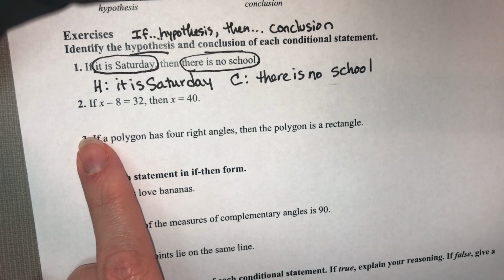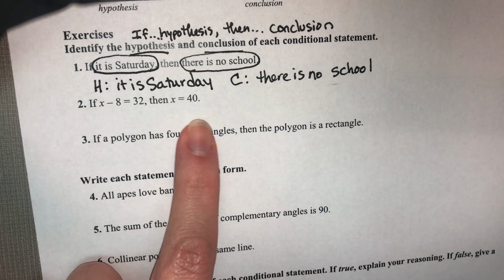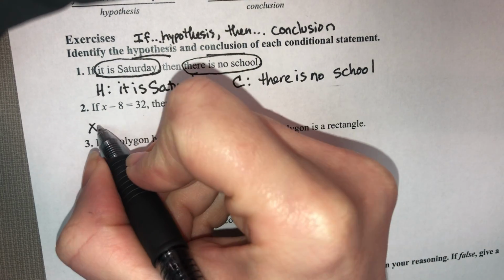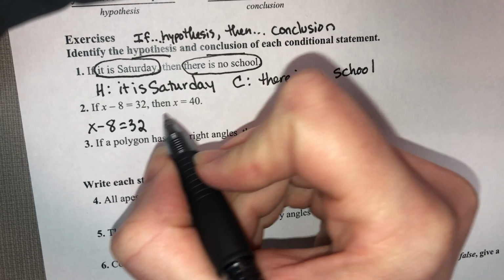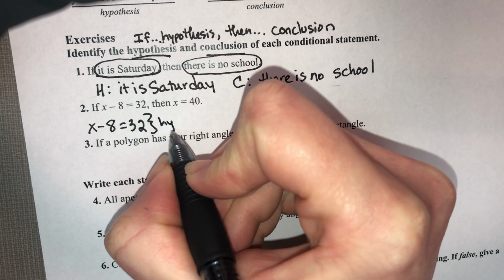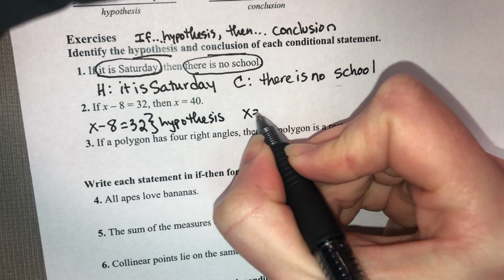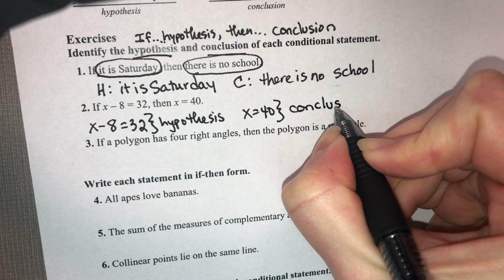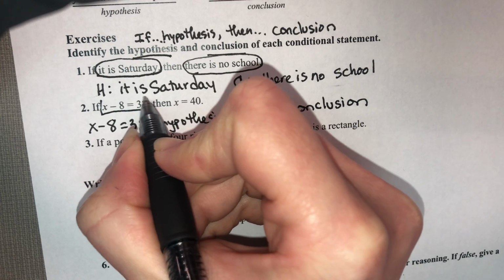Number 2, if x minus 8 equals 32, then x equals 40. So x minus 8 equals 32 would be our hypothesis. And x equals 40 would be the conclusion. The part after the word if is the hypothesis.